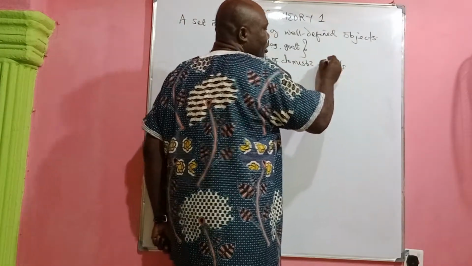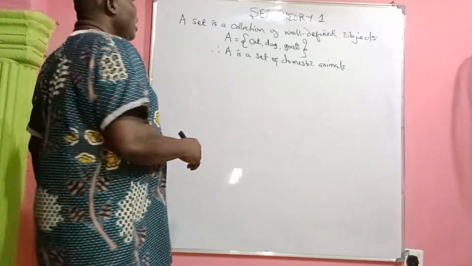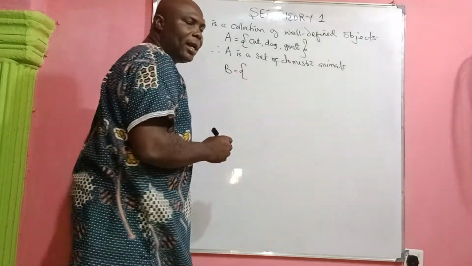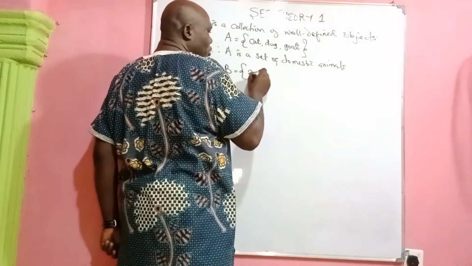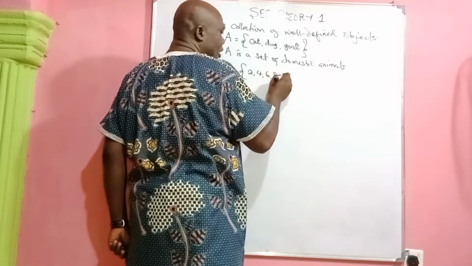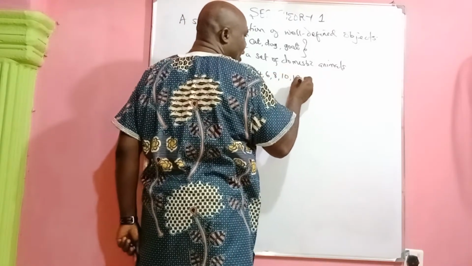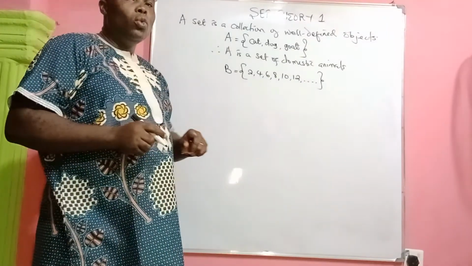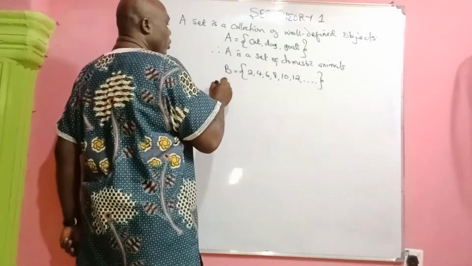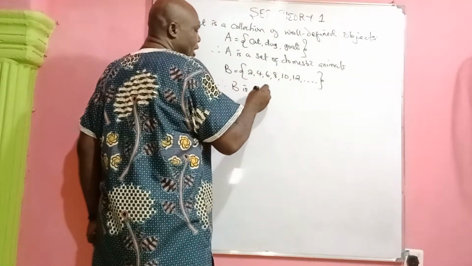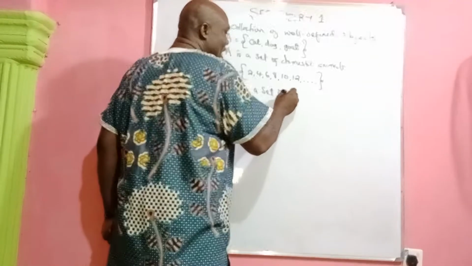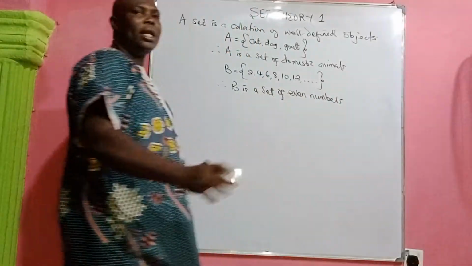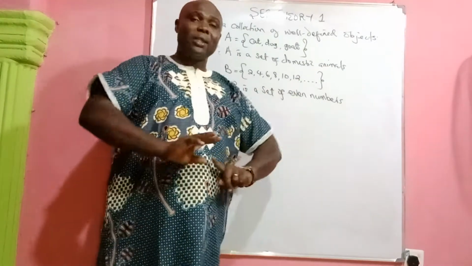Now, if you have another set, say B is the set of elements and you have 2, 4, 6, 8, 10, 12, and so on to infinity. When looking at these elements, you will reasonably conclude that B is a set of even numbers. A set of all even numbers, because it continues to infinity.